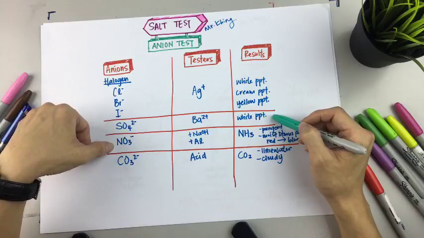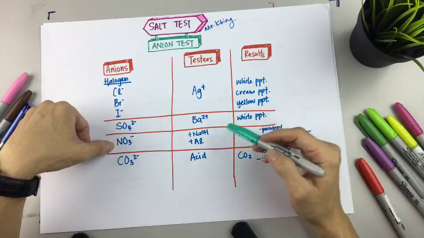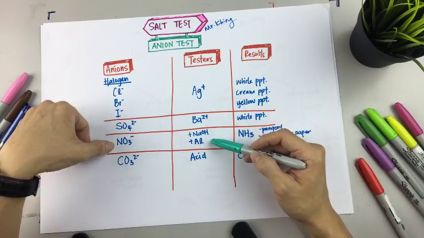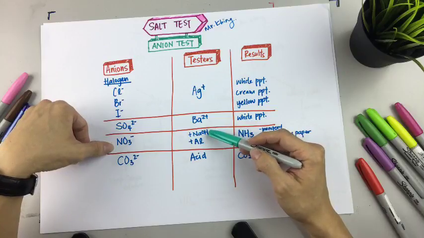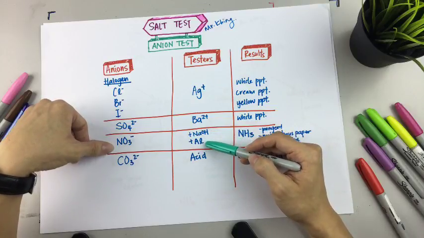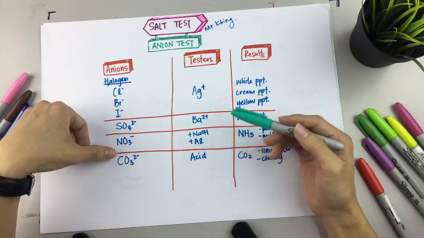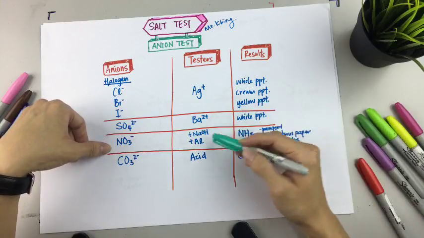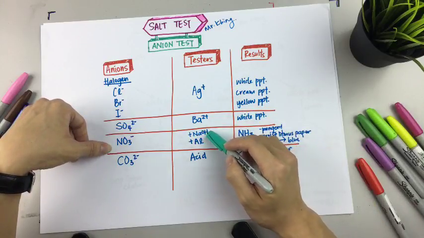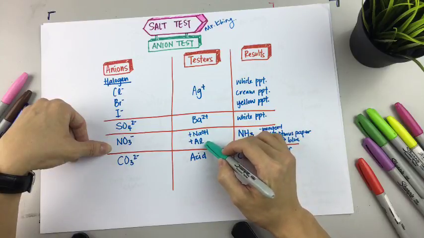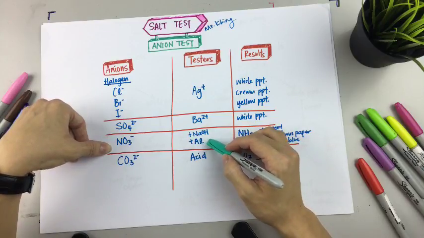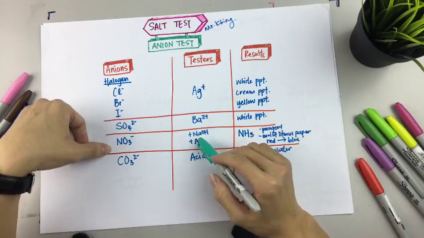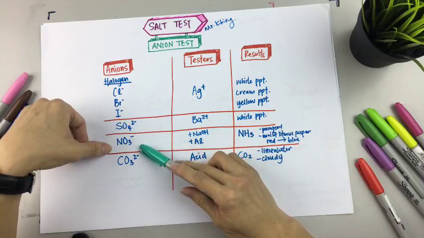Next, nitrate ions. For nitrate ions, we need both of these testers together: sodium hydroxide and aluminium. It can be in the form of aluminium powder or aluminium foil. As long as you see sodium hydroxide and aluminium being added together, 100% they are testing for nitrate ions.